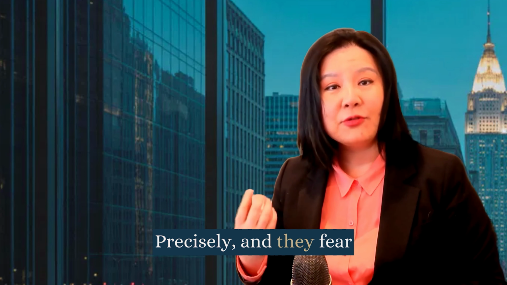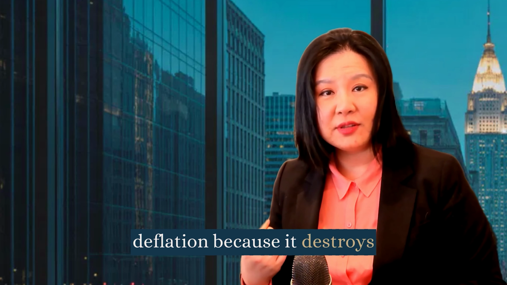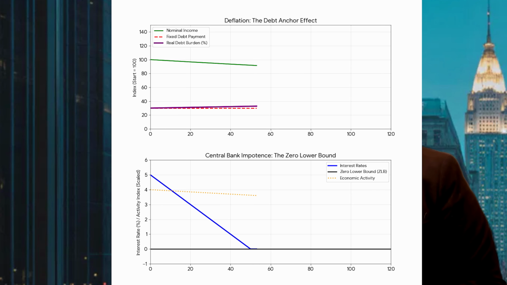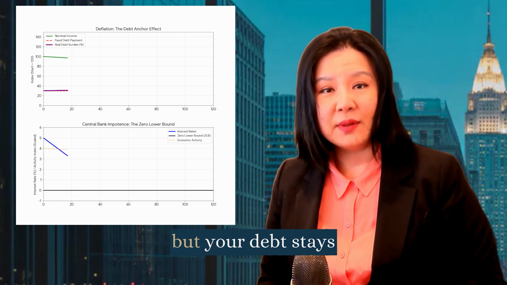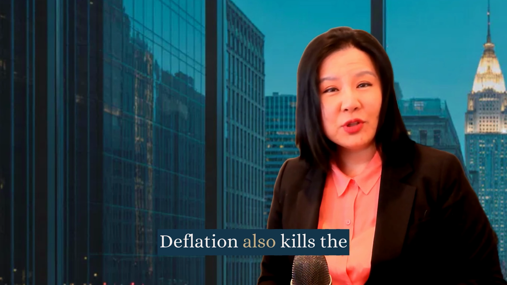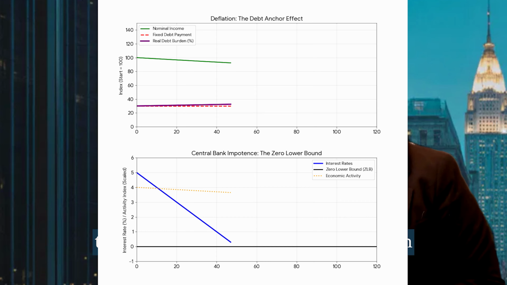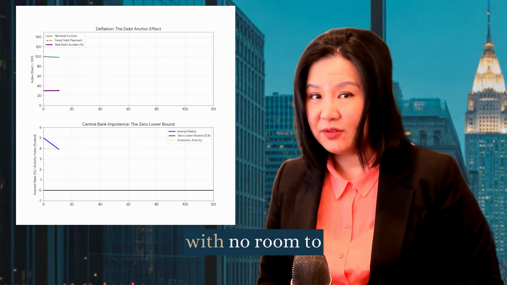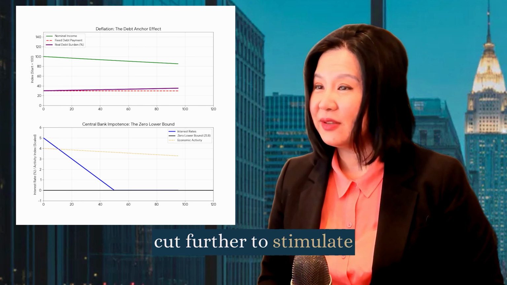Precisely. And they fear deflation because it destroys debt-financed investments. In a deflationary world, your nominal income drops, but your debt stays fixed, making that mortgage feel like a massive anchor. Deflation also kills the power of central banks because interest rates hit the zero lower bound, leaving them with no room to cut further to stimulate growth.